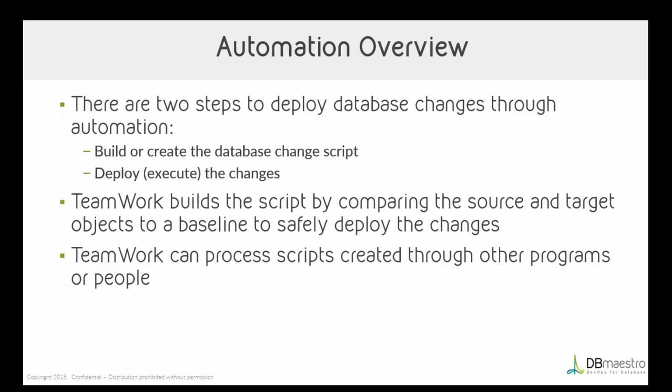The target usually matches the baseline, so it builds the changes and puts them in the script, and then you can deploy them. So we can build the script for you by doing this compare and using the impact analysis, or you can make your own scripts, and then Teamwork can execute those scripts for you, so you at least get it recorded and added to source control and the other things that you get when you run a Teamwork generated script.